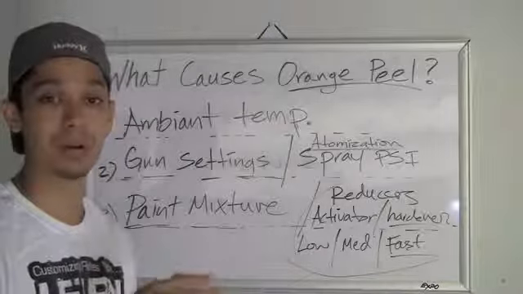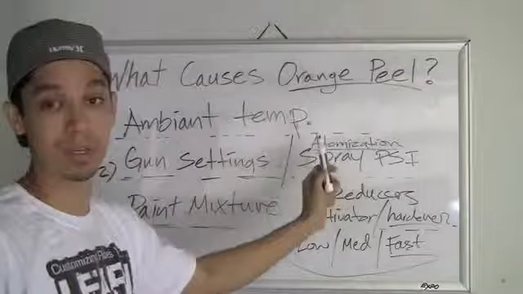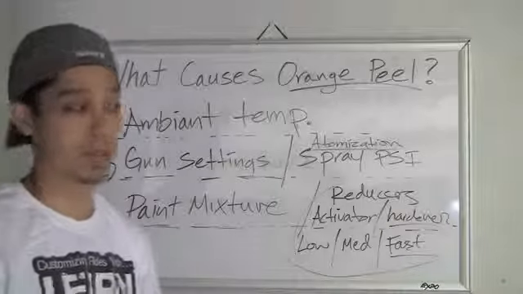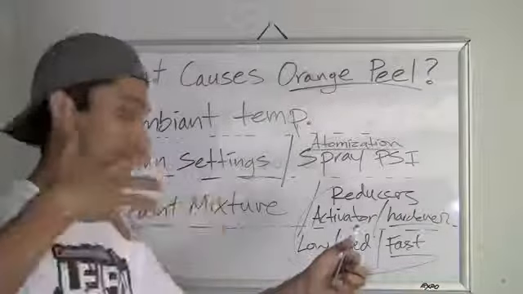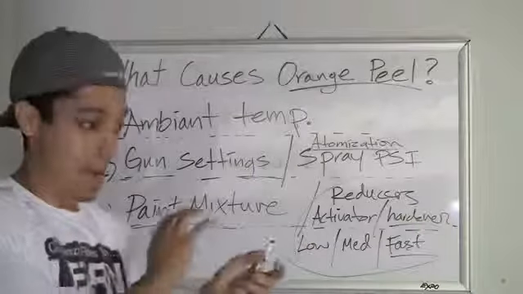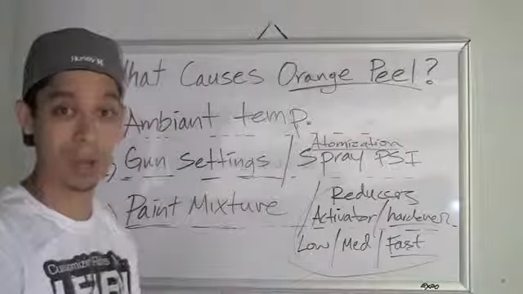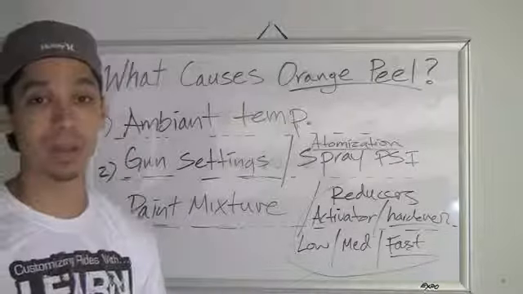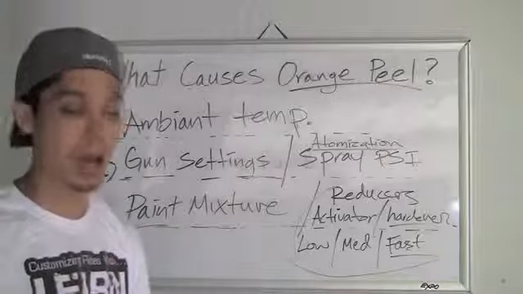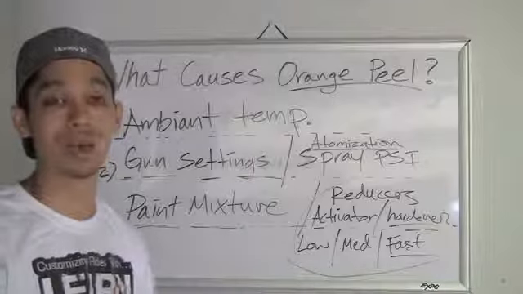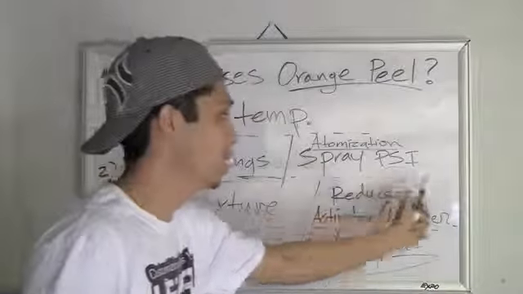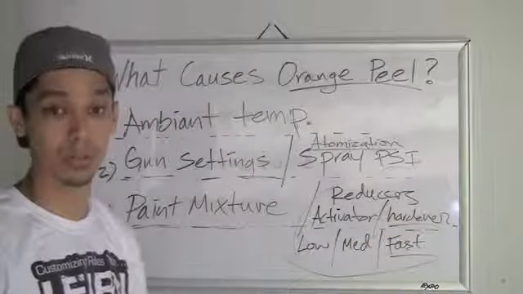You want it to come out very fine, and if you have a low PSI, your clear coat is not going to atomize properly. It's not going to hit the panel in fine particles and have a nice glossy flow out. I usually recommend spraying at 26 to 30 psi. I like to spray my clear coat at 28 pounds, so make sure to spray your clear coat at roughly 28 psi.